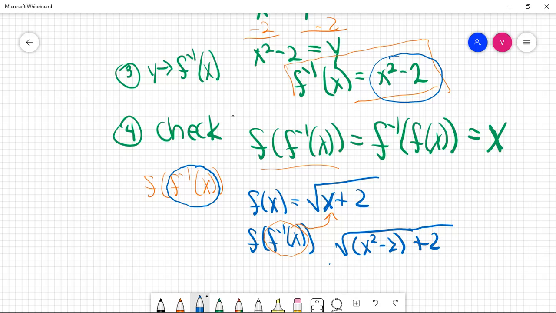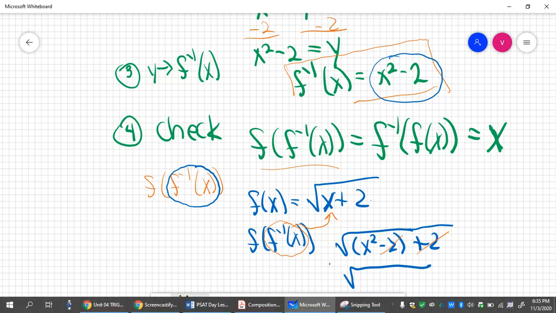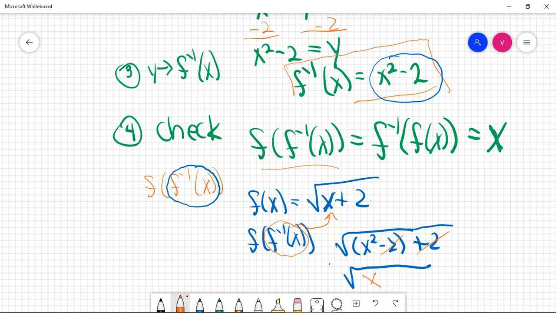Okay, what does that simplify down to? x squared minus 2 plus 2, so those cancel out, right? And you're left with the square root of x squared. The squaring and the square root cancel each other out and you're left with x, which is what you're supposed to be left with.